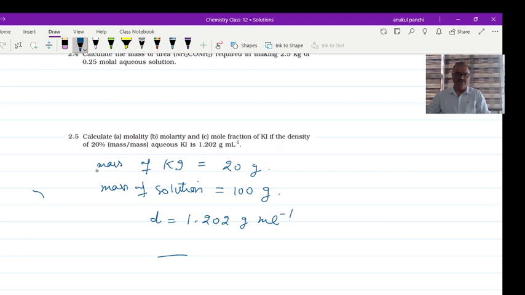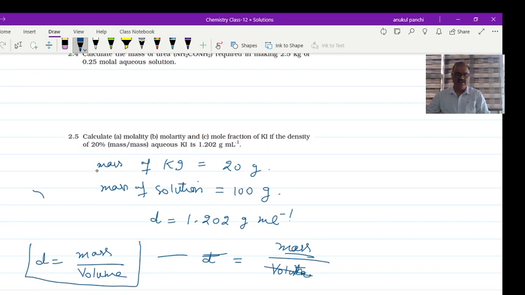And you know that density of something is equal to mass over volume. By using this, you can get the volume of the solution.